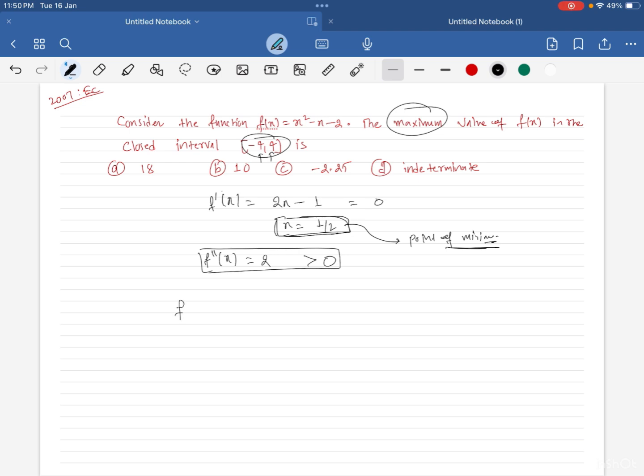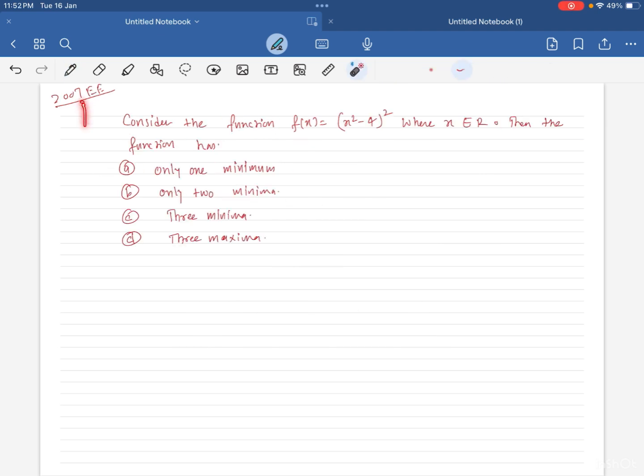And if we check that f at minus 4, right, so that will be 16 plus 4 minus 2, that is 18. And f4 is going to be 16 minus 4 minus 2, so that is 10. So 18 is the correct answer for this.